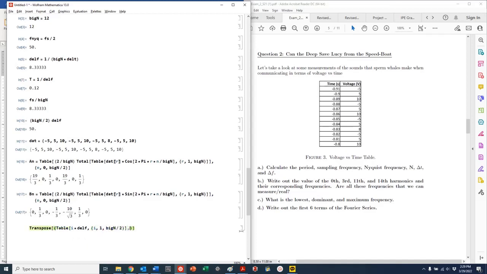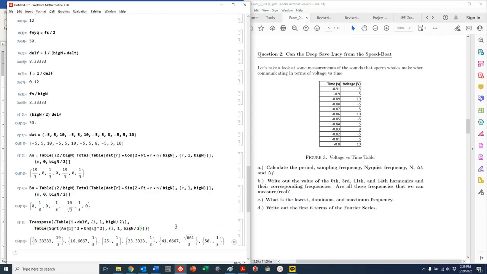And then I want to combine this with a table of the square root of A sub n of i squared plus B sub n of i squared, where i goes from 1 to big N divided by 2.